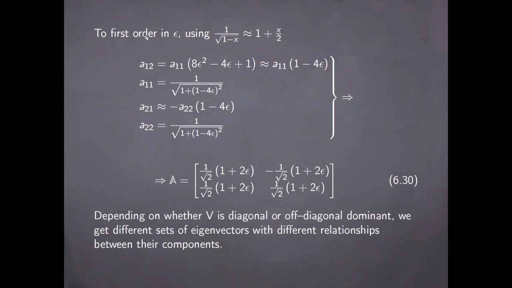Now, to first order in epsilon, using the Taylor expansion of this expression, we can once again find the components of the eigenvectors as given here, and of course to these equations we also append the normalization condition to finally obtain the eigenvectors matrix shown here. So we see that depending on whether the V matrix is diagonally or off-diagonally dominant, we get different sets of eigenvectors with different relationships between their components.